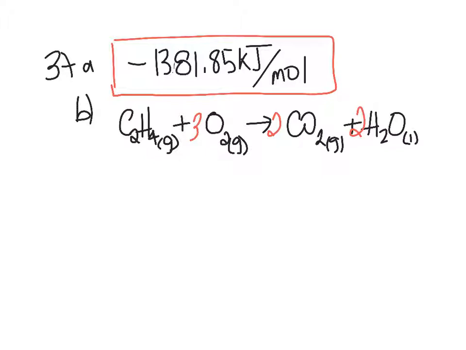There's not a number, there's not a coefficient, so it's just one. Yeah, so the coefficient here is 1. There's 1 mole. So you take 1 mole and you multiply it by that to get kilojoules. And that is the quantity that goes into your thermochemical equation. If this was a 2, you would take that, multiply it by 2, that would be the number that you put in. Okay? Does that make sense?